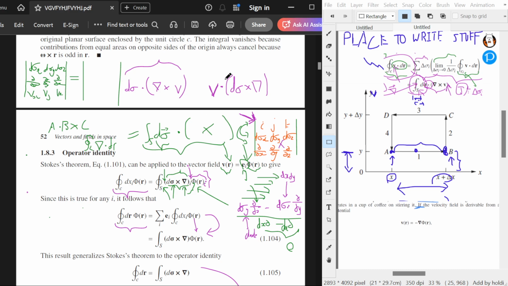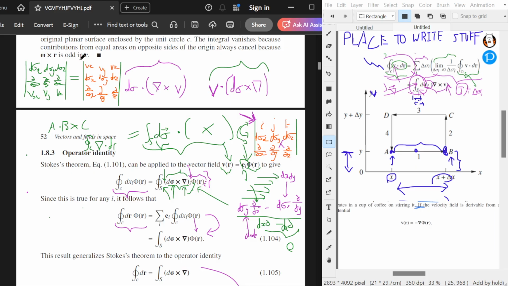In reality, this is what we have, which is vx, vy, vz, d this x, d this y, d this z, del x, del y, del z.